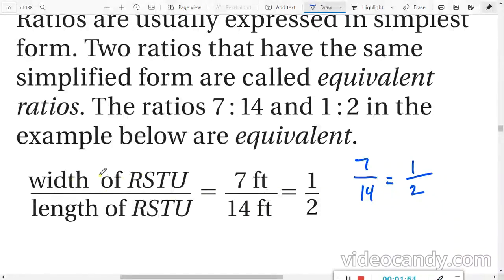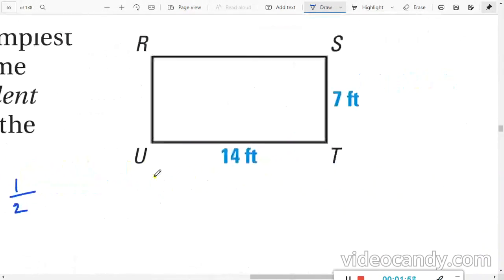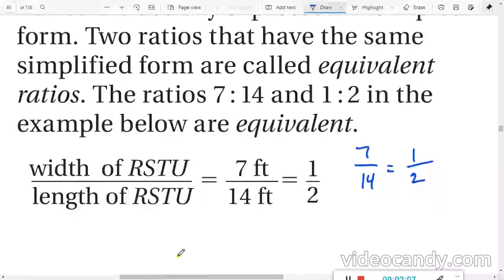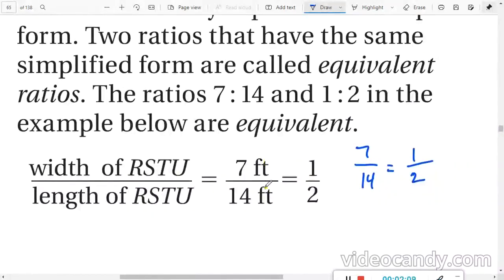Okay, if you take the width of RSTU, that's right here at 7, and the length of RSTU is 14. So it's just 7/14. All right, and typically you want to have the units match so that you can cancel the units as well.